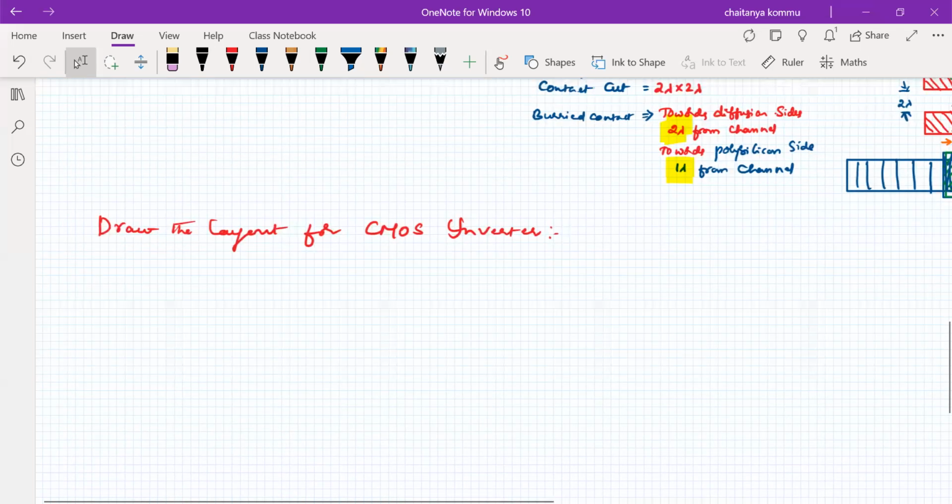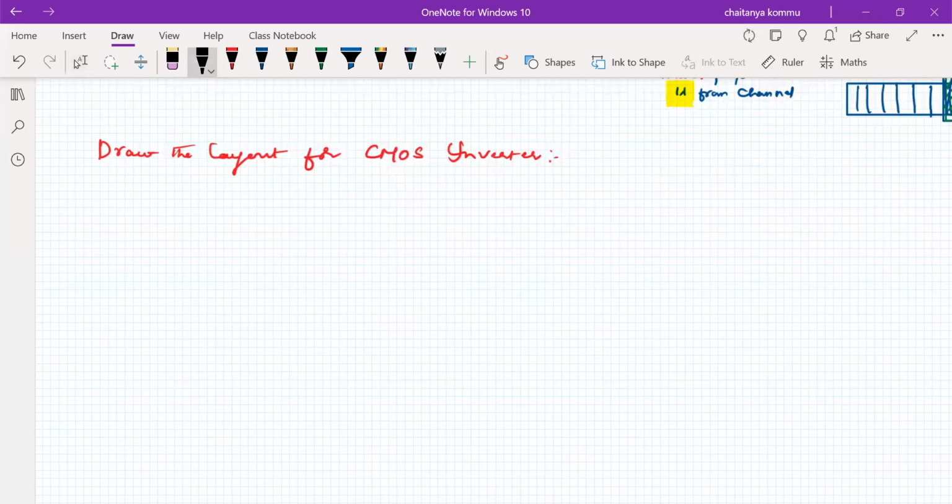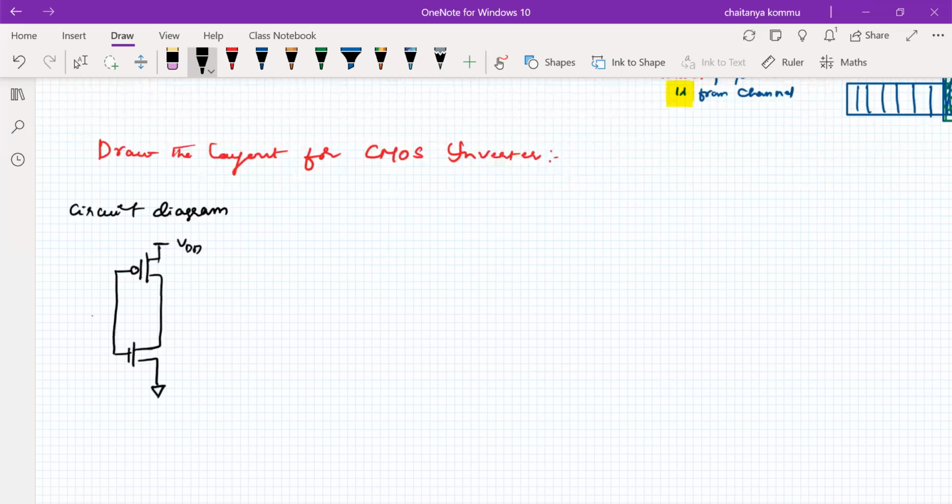What is the circuit diagram now? The circuit diagram is like this. We have to consider a PMOS transistor, and an nMOS transistor. It is called VDD, ground. Take a common point, and that is called VN. Take a common point, that is called Vout.